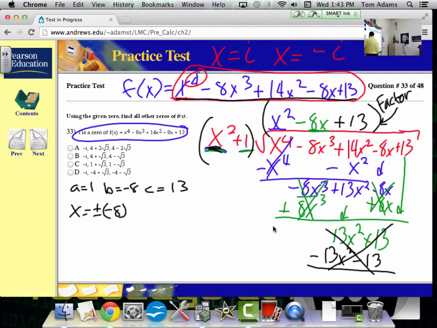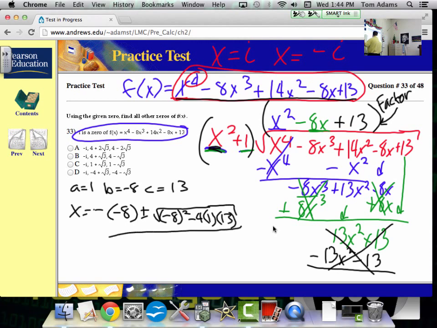No, it's not plus or minus. It's minus 8 plus or minus the square root of negative 8 squared minus 4 times A, which is 1, times C, which is 13, all over 2 times A, which is just 2. And you guys remember where I'm getting that from, right?